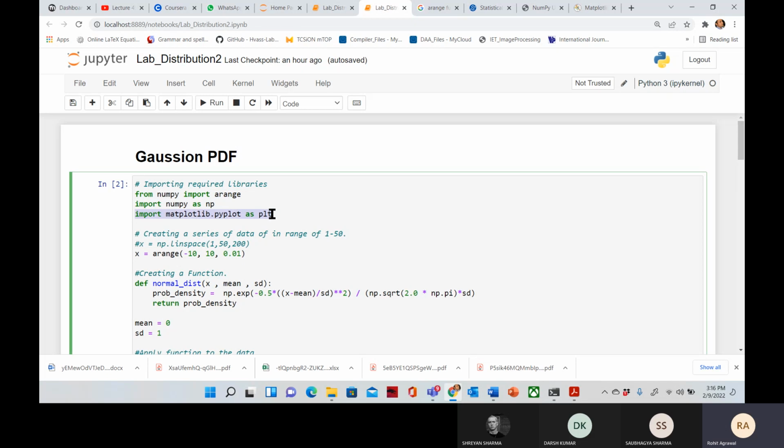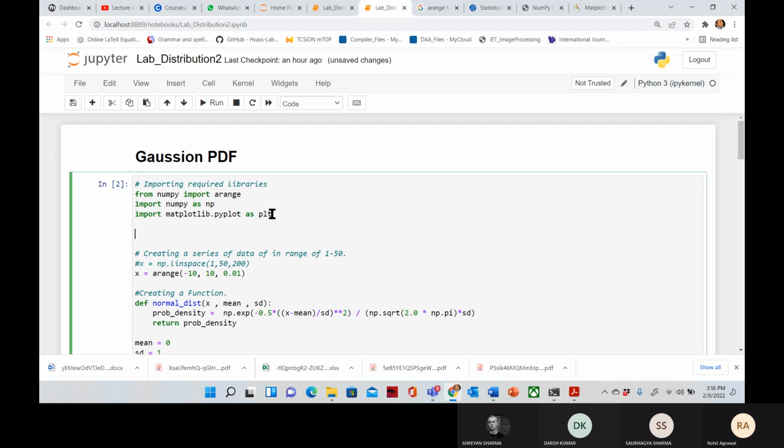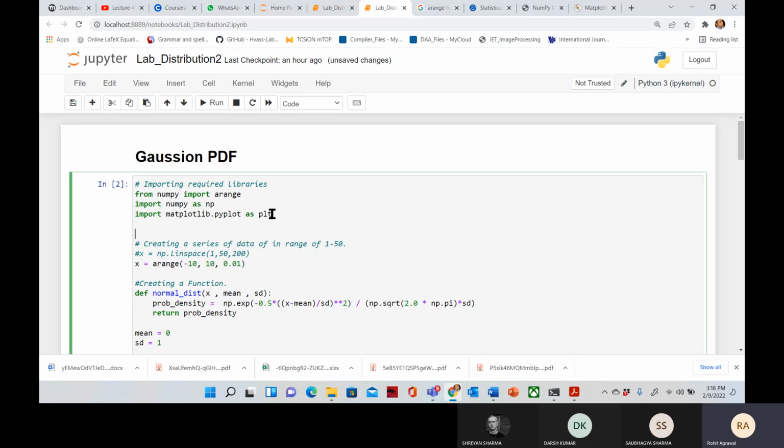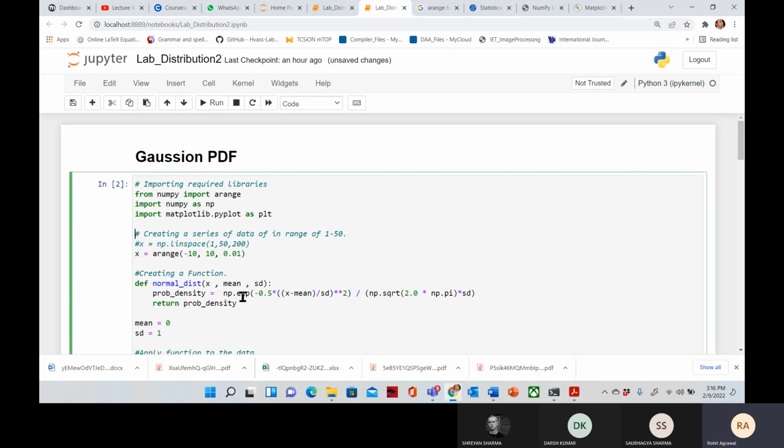We are not using scipy.stats import norm. We are not using this one. Instead of this, we are creating our own.